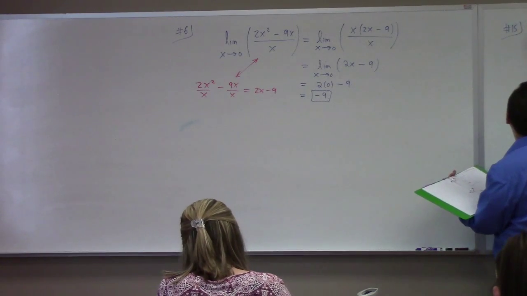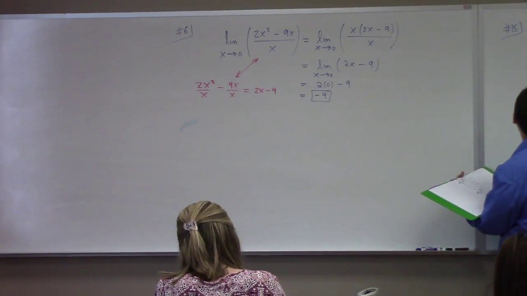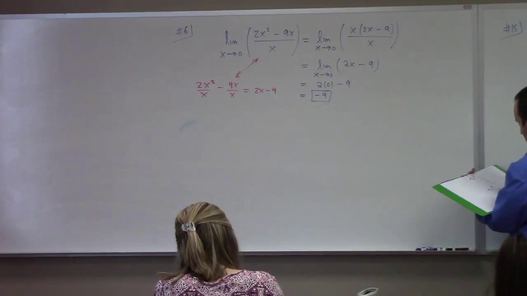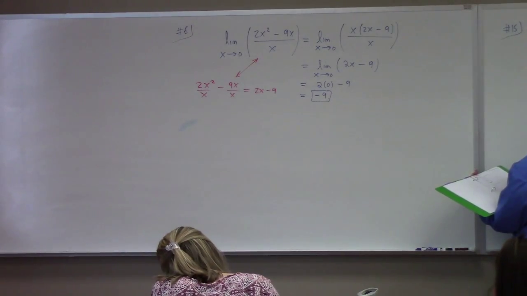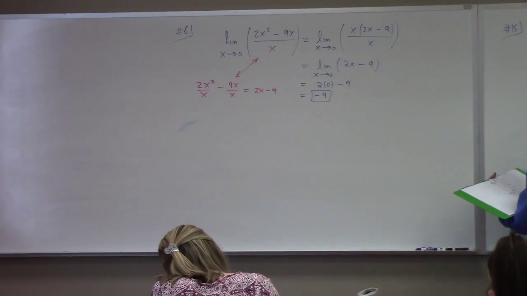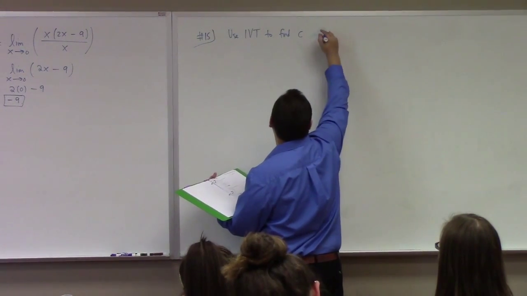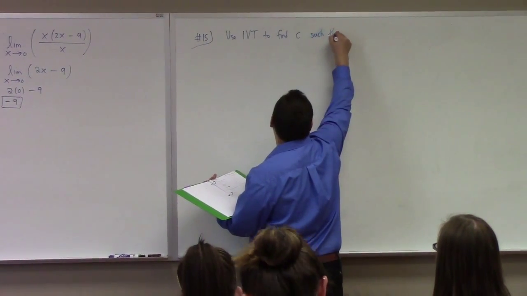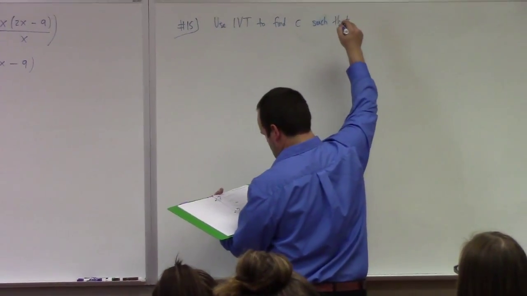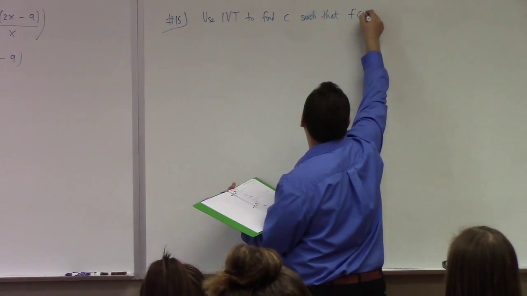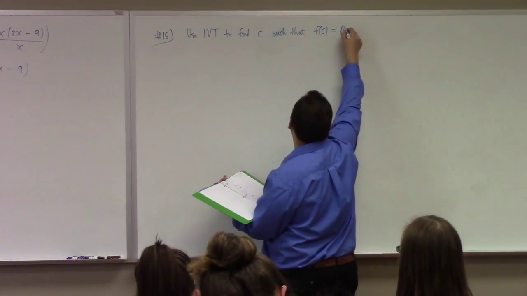So we're supposed to use the intermediate value theorem, or the IVT, to find a constant c such that f of c is equal to m.